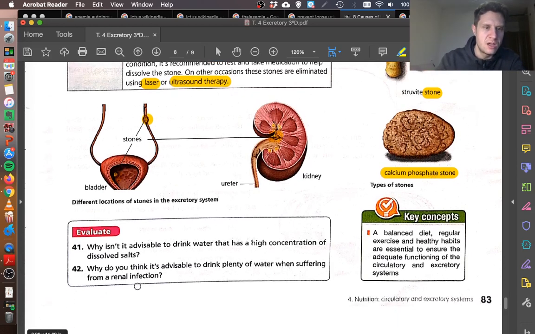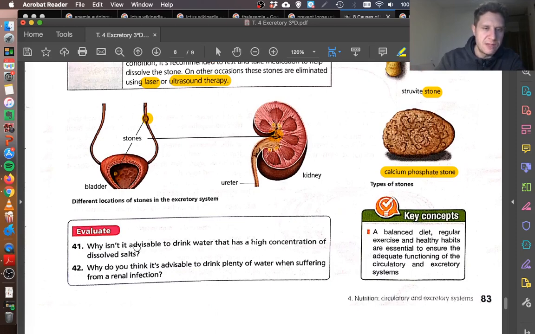Why isn't it advised to drink water that has a high concentration of dissolved salt? Of course, the same. This water has a lot of dry residue that is going to be in your bloodstream, going to the nephron, the pelvic kidney area, and you can have a stone that is going to travel all around the tract.